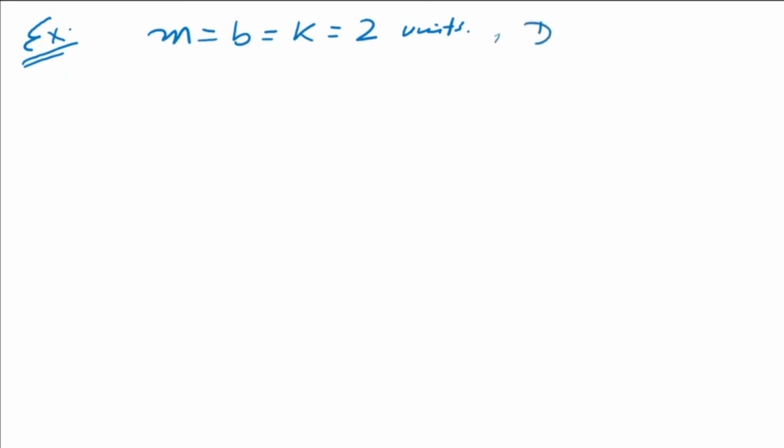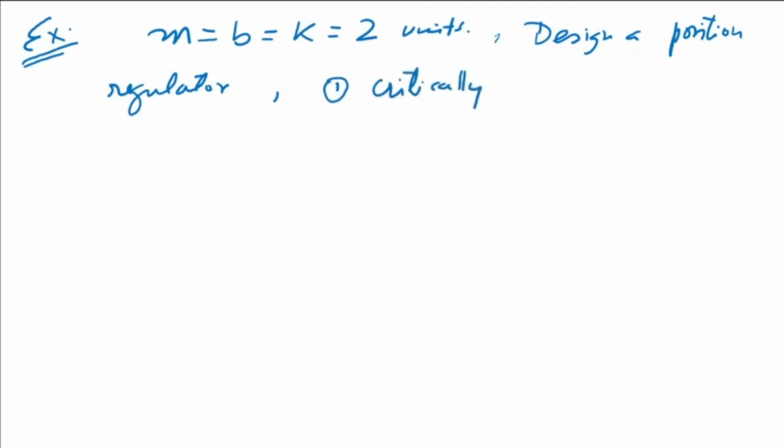So we are designing a position regulator, which means find the value of kp. We have to make some assumptions again, because there's one equation with two unknowns. First, we assume it is critically damped. And the second assumption we make is we take some value of kp, so let's say equal to 16.